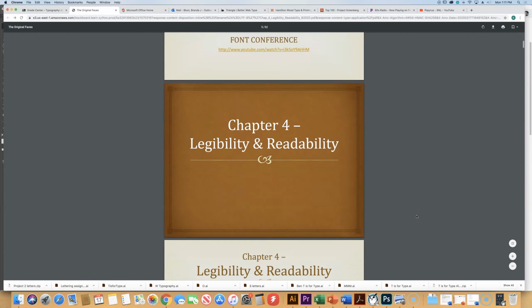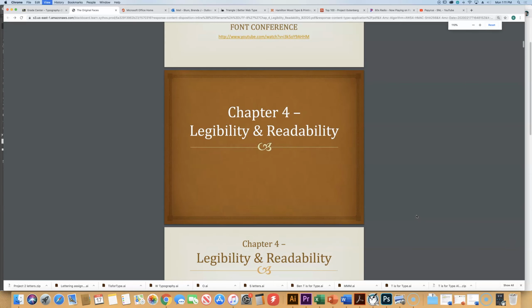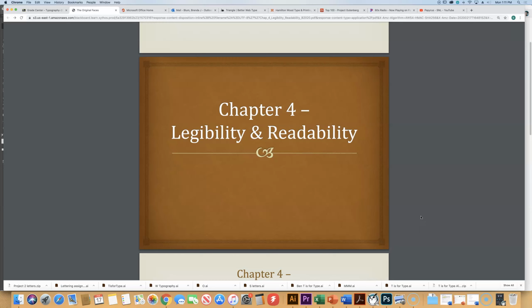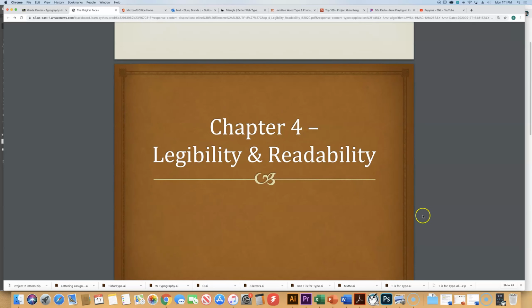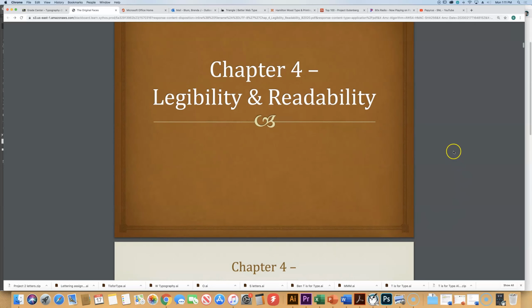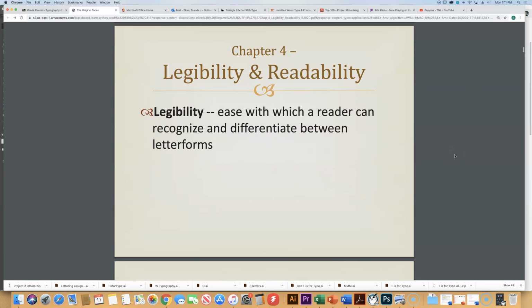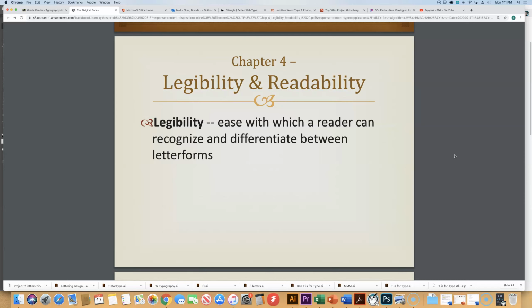All right, let's talk real stuff. Chapter 4 in the book is on legibility and readability, which are a smidge different. A lot different, actually. So let's talk about legibility. That can be defined as how easily you can recognize and differentiate different letter forms.